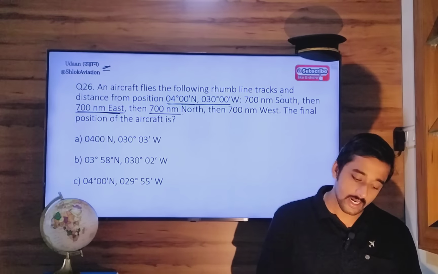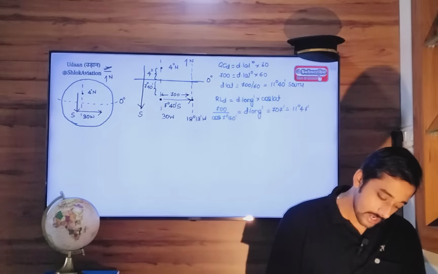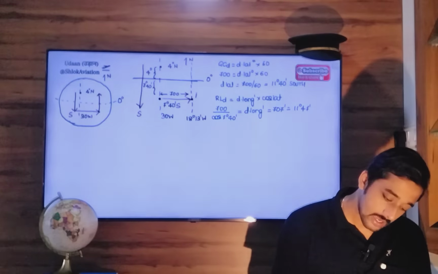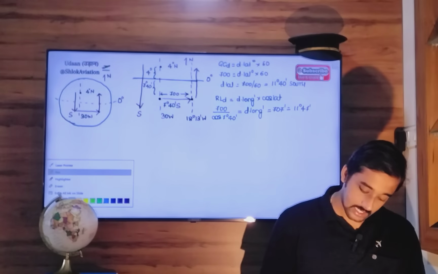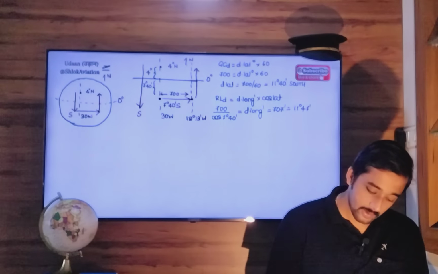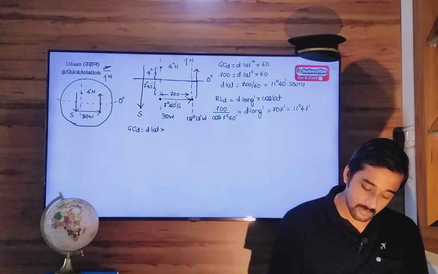Now from here you again travel 700 nautical miles north. So again this will be your great circle distance, d lat multiplied by 60.